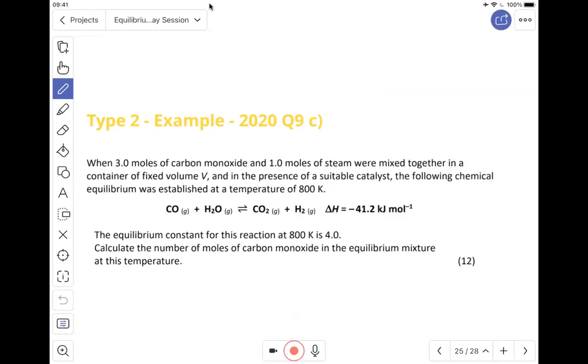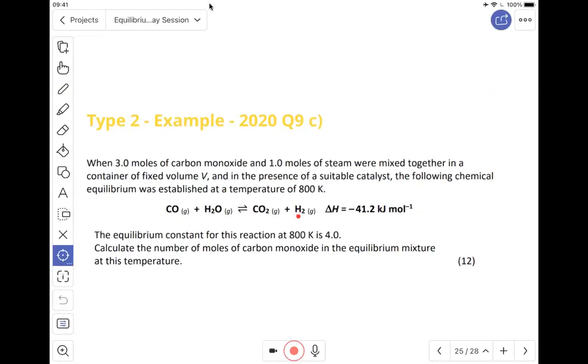So let's read through it slowly to begin. It says that when 3 moles of carbon monoxide and 1 mole of steam were mixed together in a container of fixed volume V, and in the presence of a suitable catalyst, the following chemical equilibrium was established at a temperature of 800 Kelvin. They've given you your equation there.